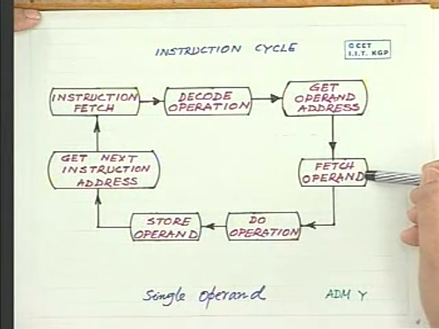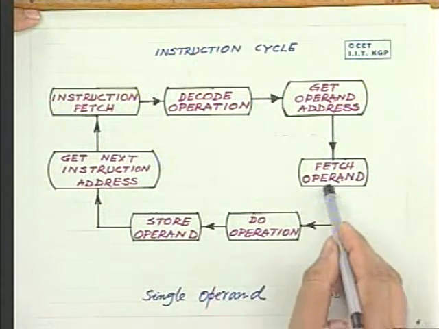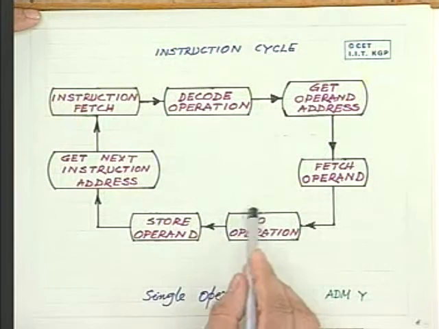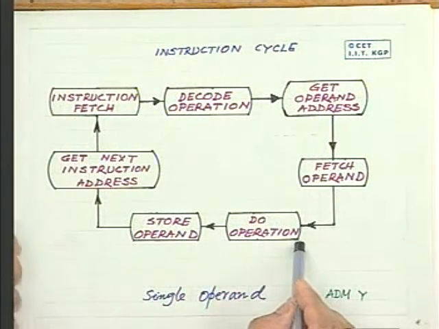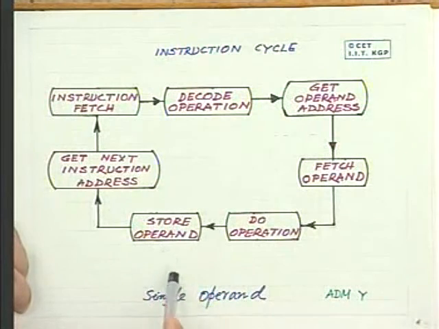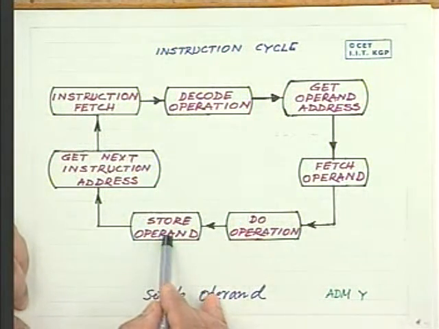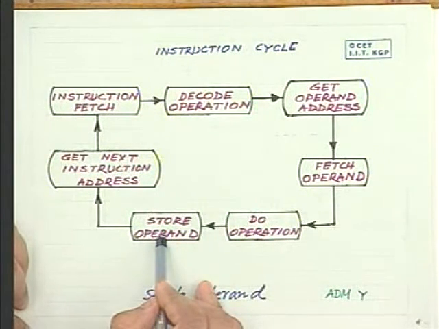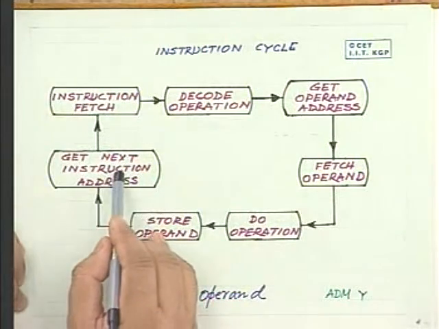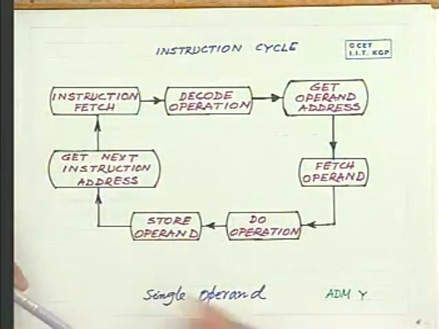Here the operand has been fetched, that Y has been fetched, right? Then the operation is done. That means the add memory operation is executed here, and then store operand. Now, since it's an accumulator based machine, the operand is automatically stored in the accumulator, and then we get the next instruction address from the program counter, and the instruction fetch starts once more, right?